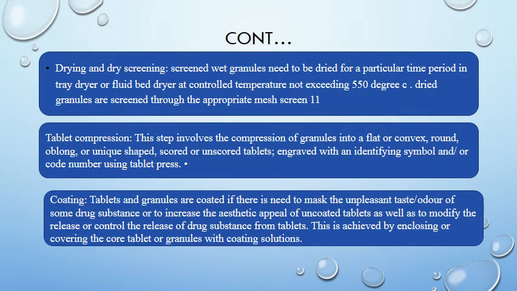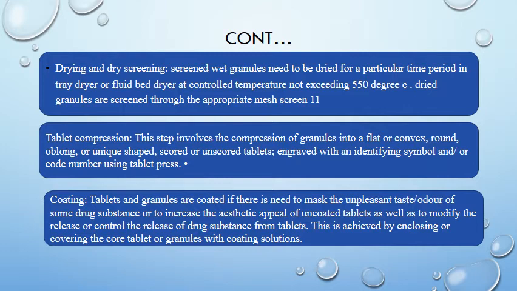The next step is drying and dry screening. Wet granules need to be dried for a particular time period in the tray dryer or fluid bed dryer at a controlled temperature not exceeding 55 degrees Celsius. Dried granules are also screened through the appropriate mesh screen, that is 11.